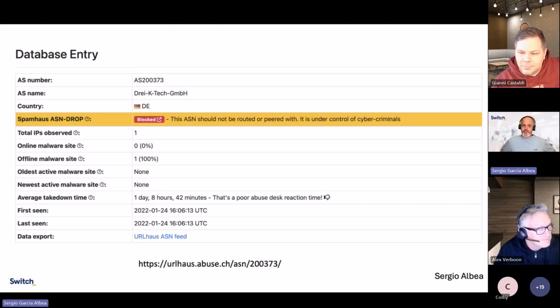And here there is an important gap. URLhaus is saying total IPs observed is 1, and I can tell you that no, it's not 1. There are thousands. Okay, and it's just one example that I'm showing you. I have a lot more, but I will not bore you with all this stuff.